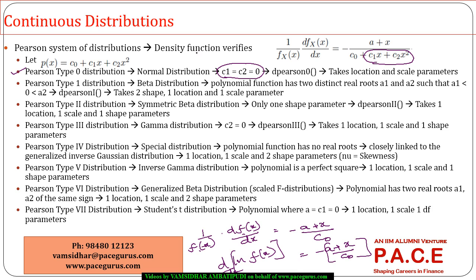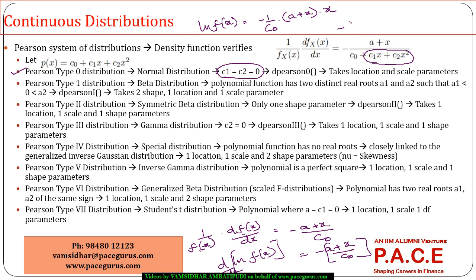Now I'll take the integral on both sides. So it is becoming log f of x is equal to, taking the integration, minus 1 by c naught times a plus x, and the integral of it is again, if I take it as a multiplication by x, or probably I should take it as x by 2, whatever, but that 2 will also go into some constant.